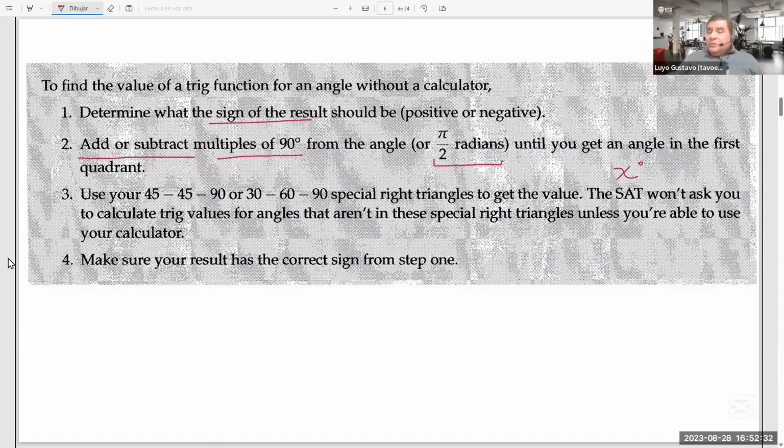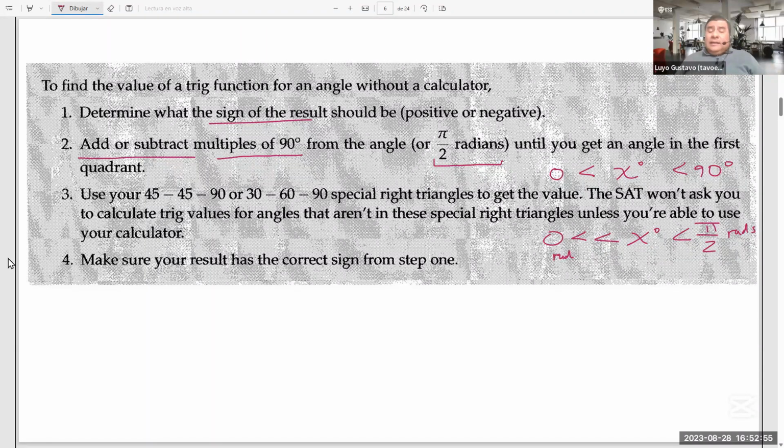You need to reduce the angle to be between 0 and 90 degrees, or between 0 radians and pi over 2 radians. That's a strategy.